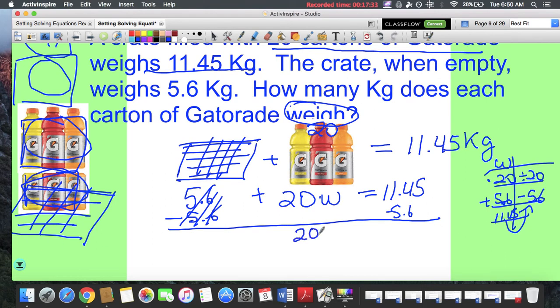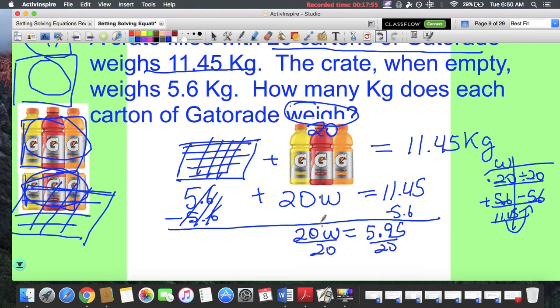So I get 20W equals 11.45 minus 5.6 is going to be 5.9... 10 minus 5 is 5. Oops. It's going to be 5.95. Okay. And then I'm going to divide by 20. Divide by 20.